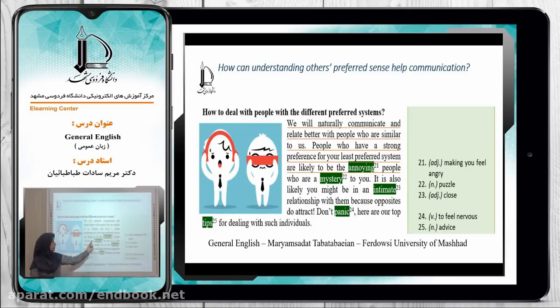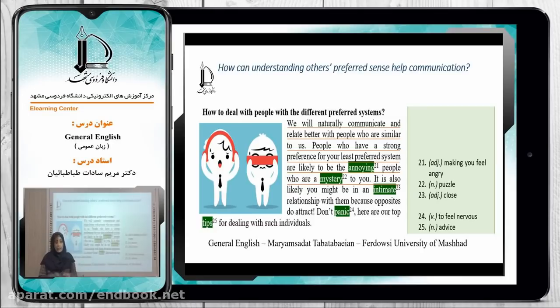Look at this. It says we find them annoying. What is annoying? Yes, it means they make us sad. We don't like to communicate with them, and we feel bad when we want to communicate. Why? Because we don't understand them.